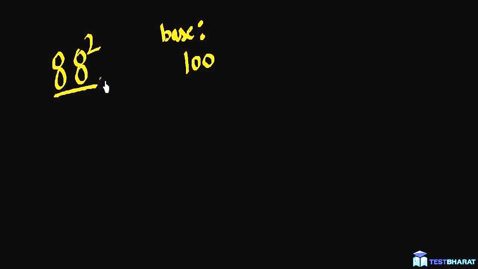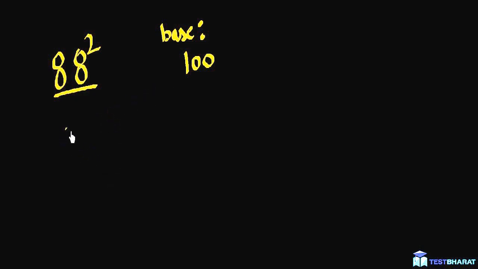We could have also taken the base as 80 or 10. 80 is closer to 88, but the problem is that with 80 this will become a little bit more complex. Once I tell you the method, you will come to know why I haven't taken 80 or 10 or any base other than 100.